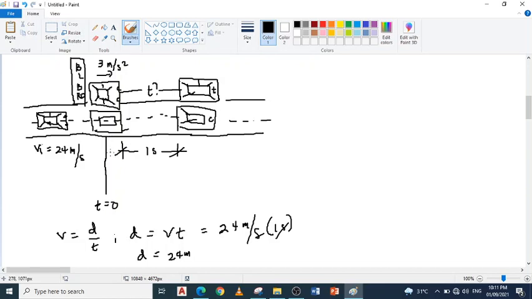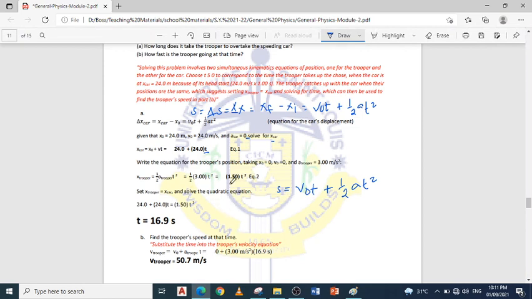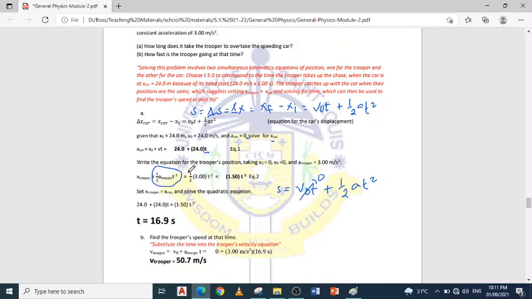Siyempre, naka-rest siya, di ba? Hindi naman agad-agad na may acceleration yan. So, yung a natin is given, and then yung initial velocity niya ay 0. Kaya nakuha ito for the trooper. Okay? So, 1/2 times 3 times t square. Okay? So, ito na po siya.